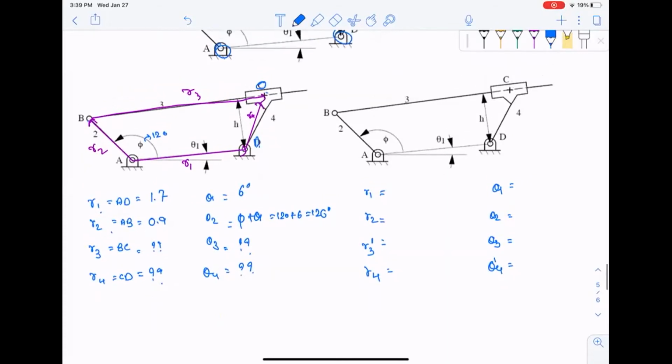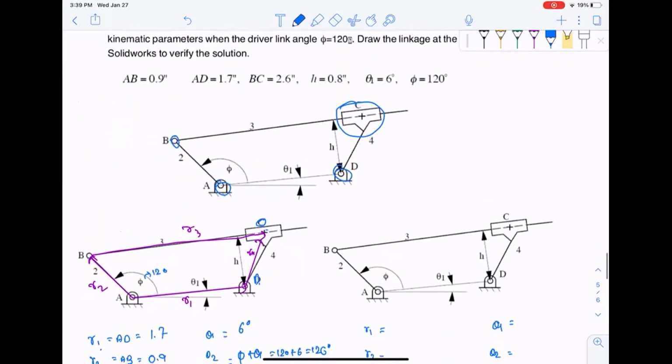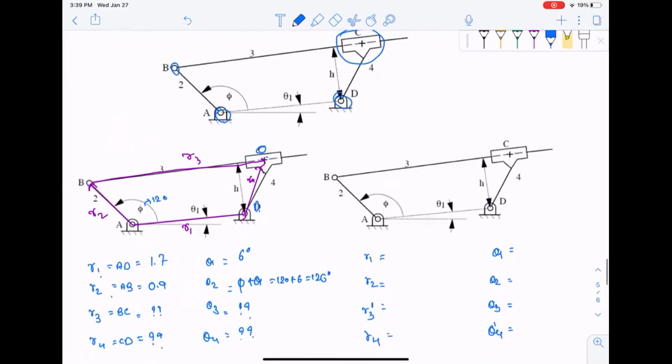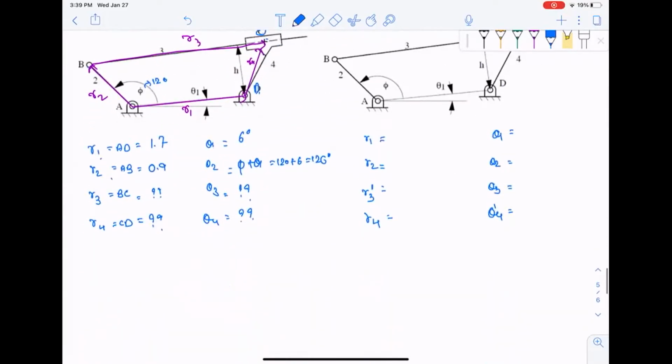So we have four unknowns over here, and we have two equations from the vector loop.